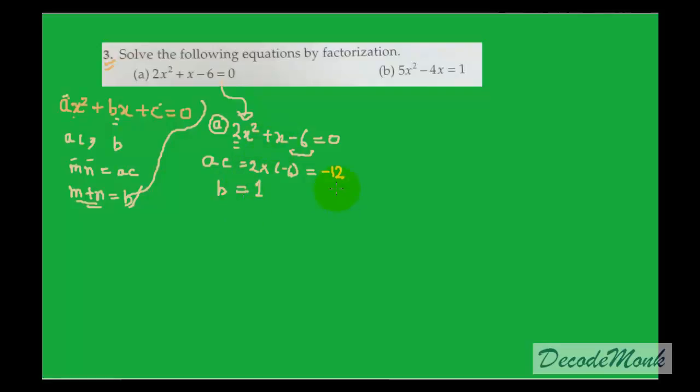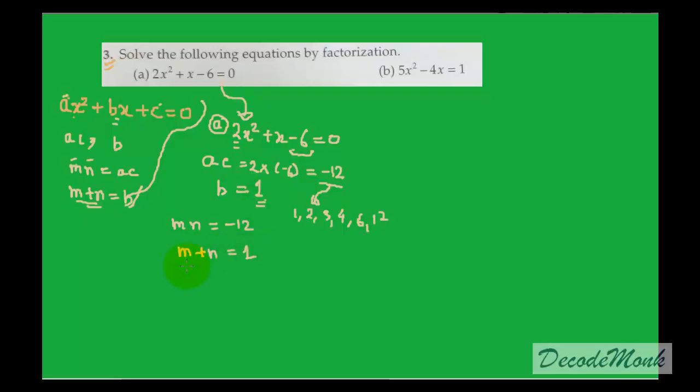So now try to figure out the factors of 12. The factors of 12 will be 1, 2, 3, 4, 6 and 12. After seeing this, please try to figure out two terms m and n such that the product gives you minus 12 and m plus n gives you b, that is 1.